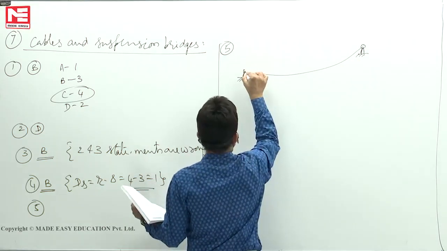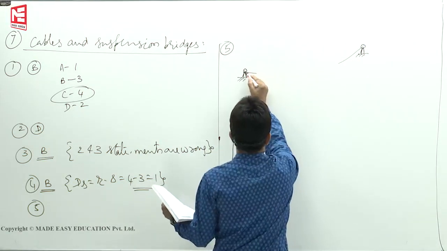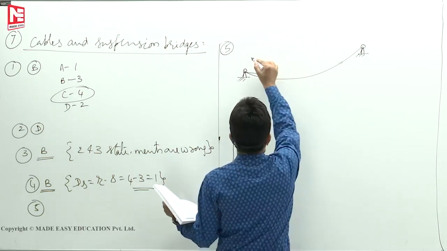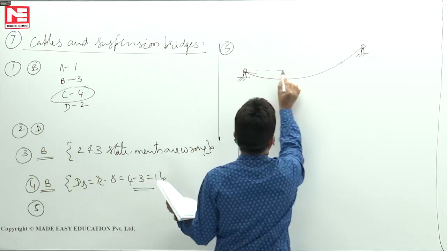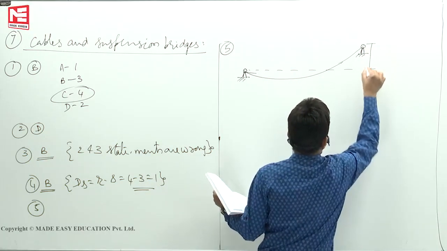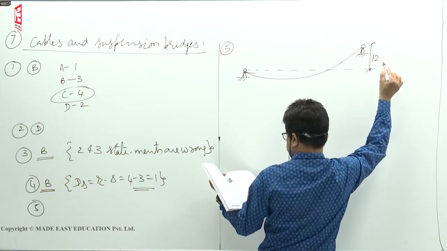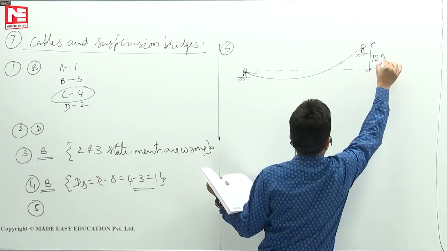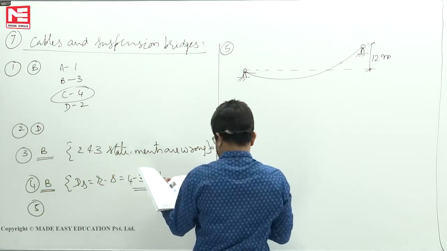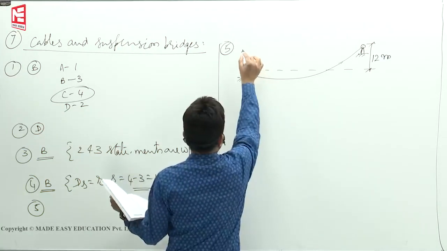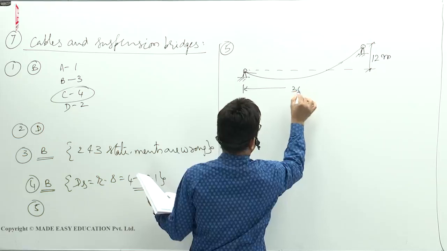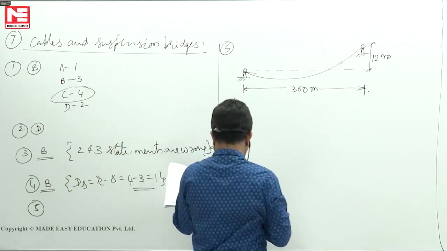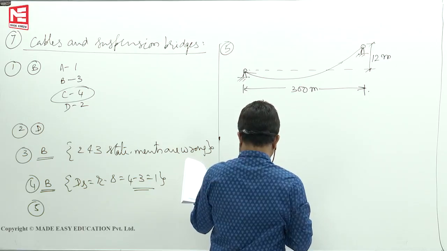This distance is 12 meters. Whether it is higher or not, we don't have to worry. 300 meters horizontal distance, with the right support being 12 meters higher than the left support.